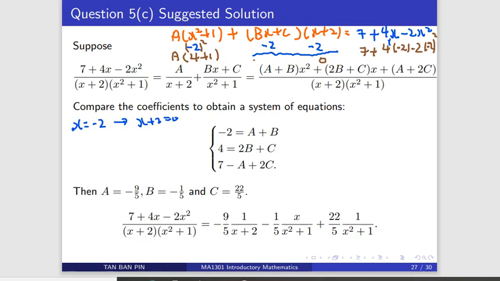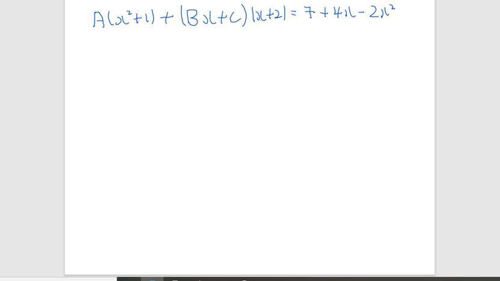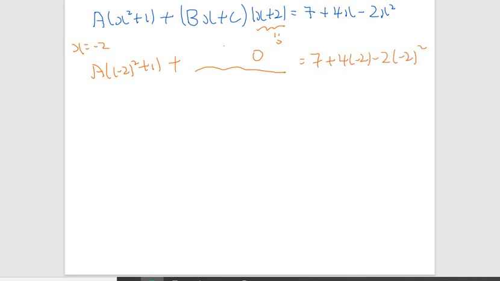Let me show you the working using blank slides. So this is what you have. First you observe that if you sub x as minus 2, then this part will be 0. So you just put x as minus 2. It will be a bracket minus 2 square plus 1 plus, and this part you know is 0, so don't need to write because x plus 2 becomes 0. So equal to 7 plus 4 bracket minus 2, bracket minus 2 square.